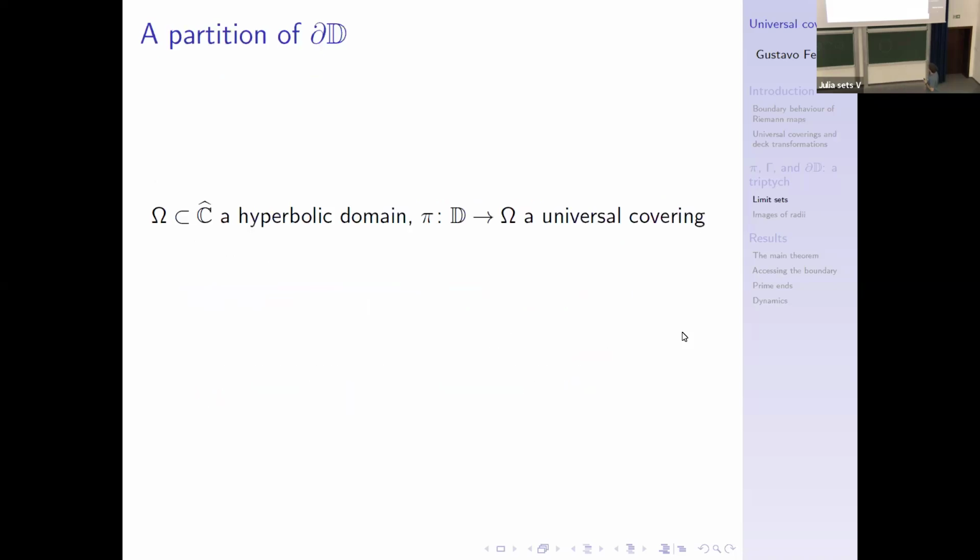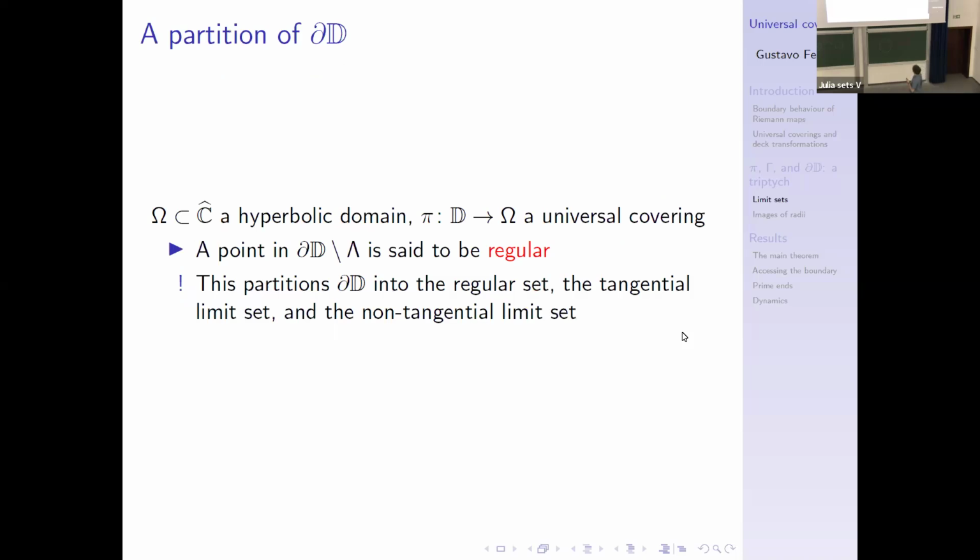Okay, so now back, we have this partition, right? We say that the points that are not on the limit set are regular. And then we have the two limit sets that we saw before, right? So the non-tangential limit set and the tangential limit set, which is basically the limit set minus the non-tangential limit set, right?